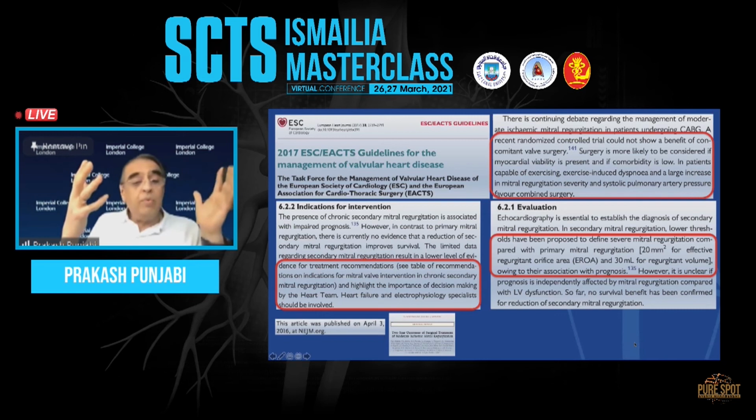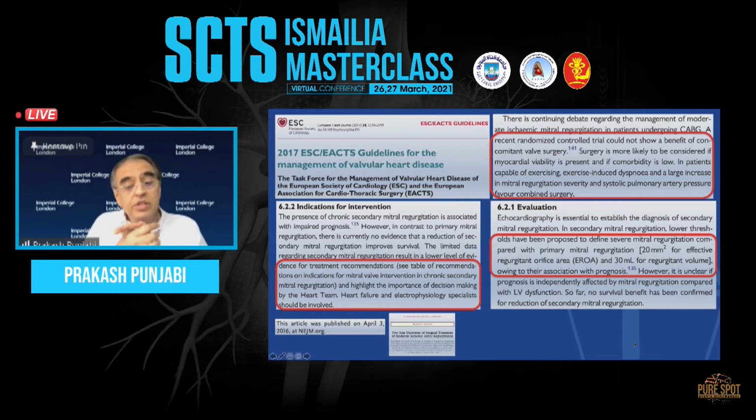But then, obviously, there were two papers that came out, and that changed the ESC and the American College guidelines. One was the 2-year outcomes of surgical treatment, where they emphasized the importance of decision-making by the heart team, heart failure and electrophysiology, and that surgery is more likely to be successful when myocardial viability is present.